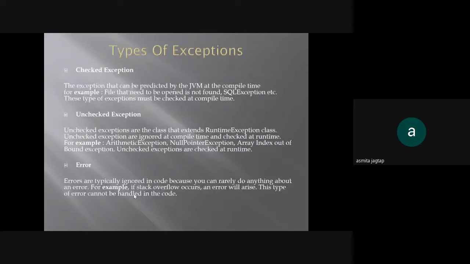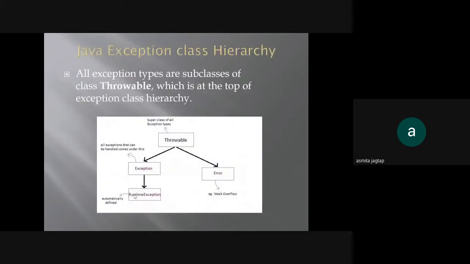The types of exceptions are checked exceptions, unchecked exceptions, and errors. Then the class hierarchy: the Exception class is there for exceptional conditions that a program should catch. Whatever exceptional condition happens inside the program can be caught by this Exception class.